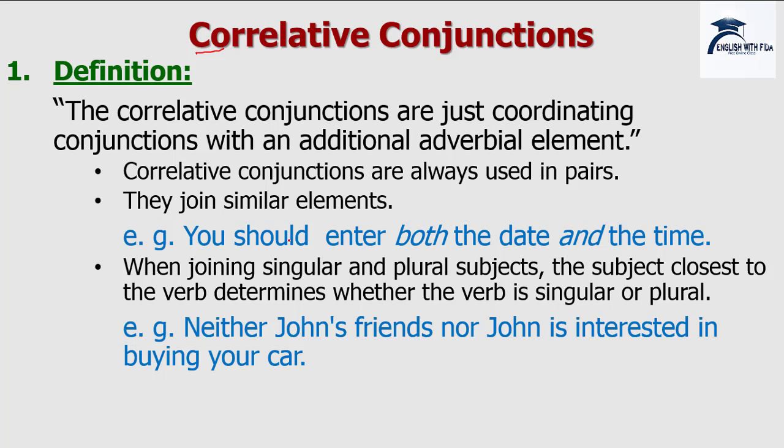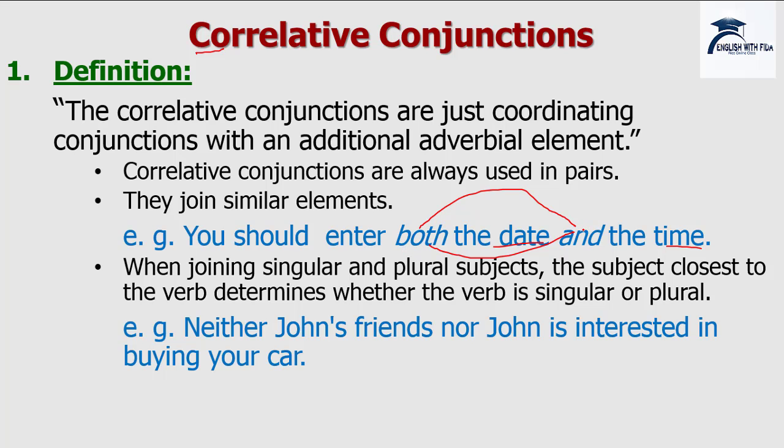Look at the sentence: you should enter both the date and the time. Here both and and are used to join the date and the time. So these conjunctions work in pairs. In the examination you have to be very particular about them. If one part is used in the earlier stage of the sentence, the second part is mandatory to be used.